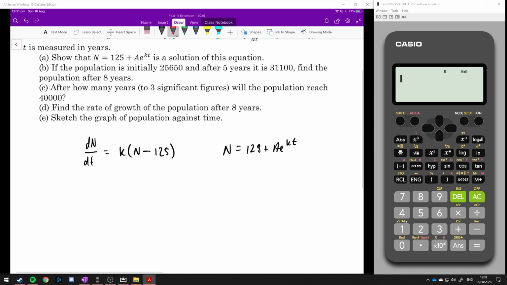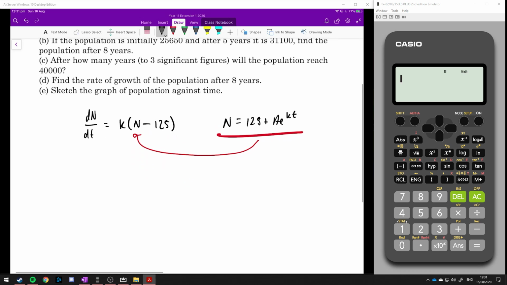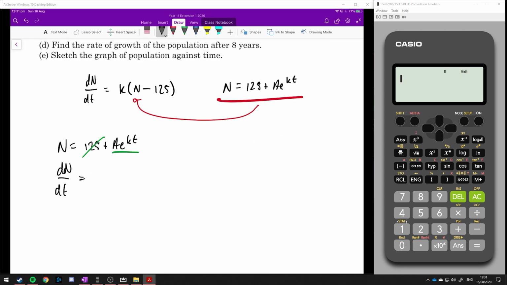So what we're going to do is substitute this into our N value here, and we should get a solution. If N is equal to 125 plus Ae^(kt), then dN/dt must be equal to, we scrap the constant and find the derivative, we get kAe^(kt).